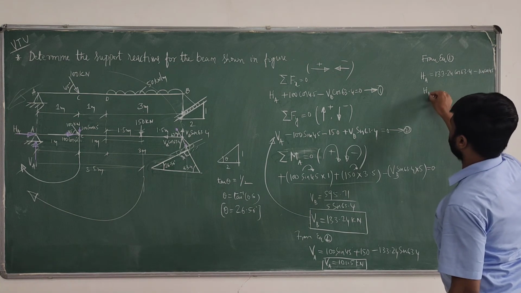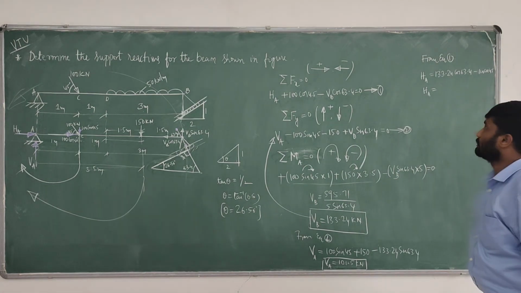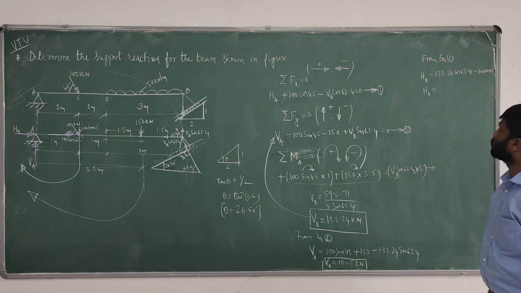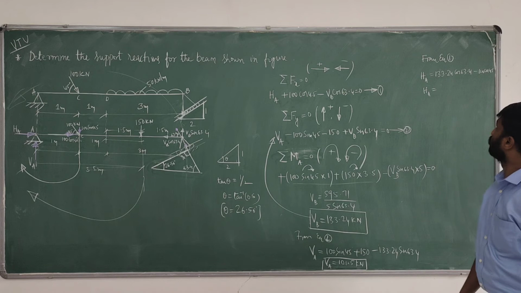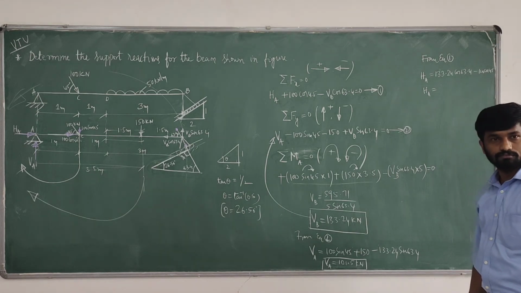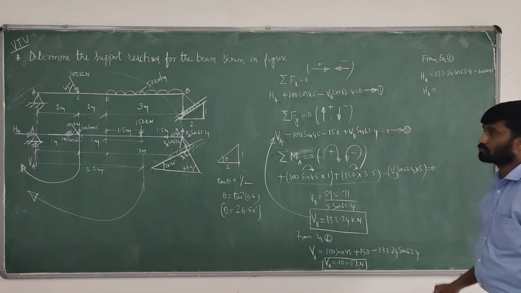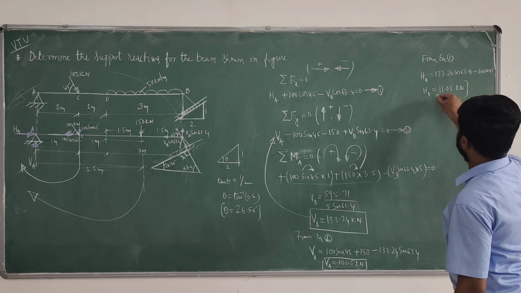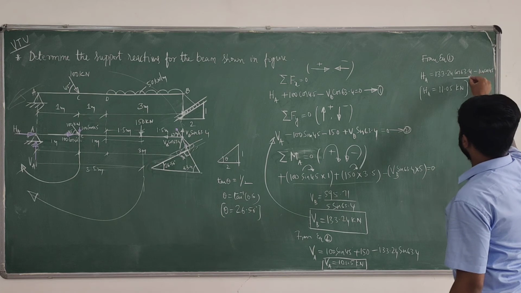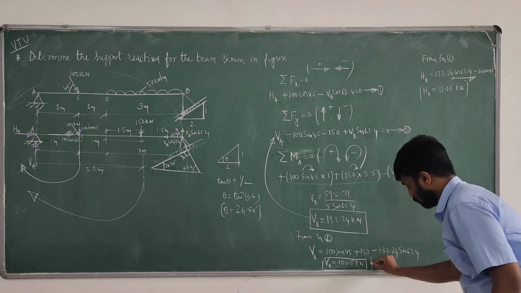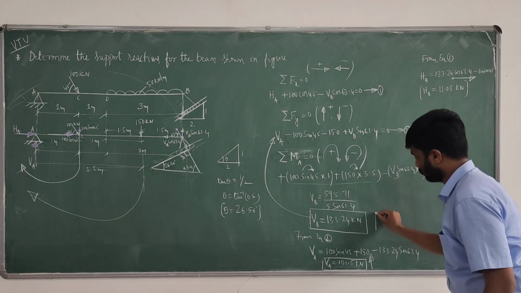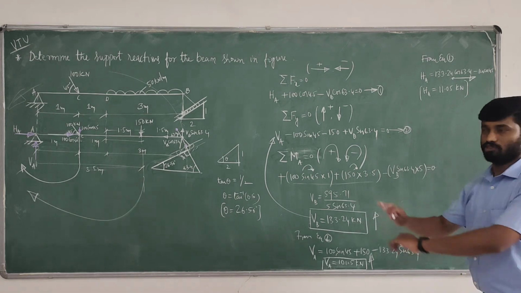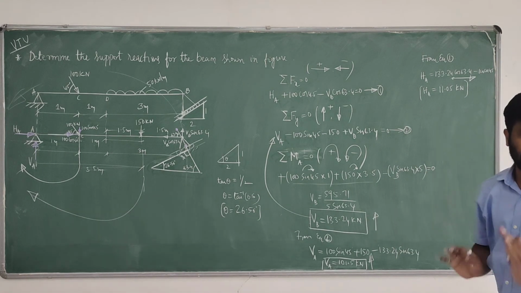What is the value of HA? 11.05 kilonewton. So this is positive horizontal in this direction. VA is also positive upward direction. VB is also positive upward direction. This is regarding computation of reactions.